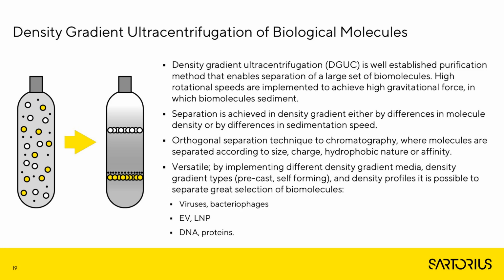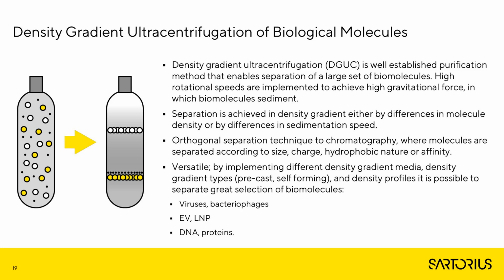So here, as I mentioned, the molecules are separated according to density, whereas with chromatography, the molecules are separated according to size, charge, or, for example, hydrophobic nature of the molecule. Density gradient ultracentrifugation is, as a matter of fact, quite a versatile technique.